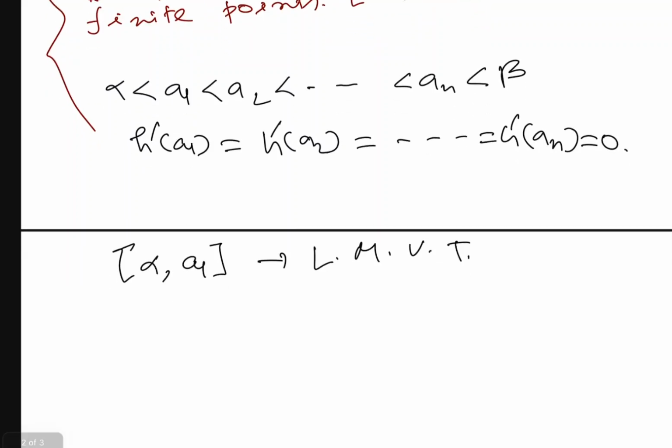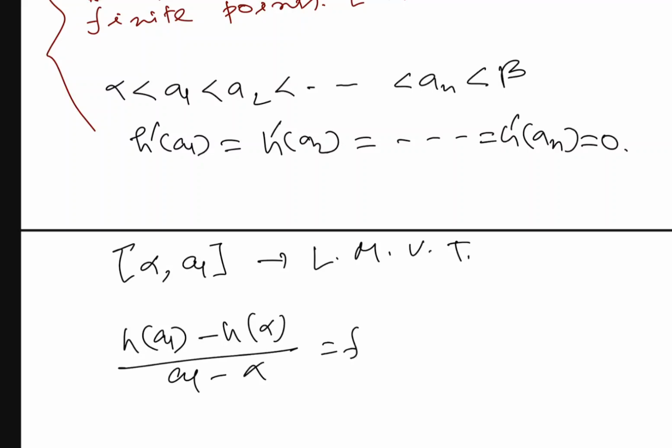Then we can write h of a1 minus h of alpha by a1 minus alpha equals h dash xi, where xi is a point between a1 and alpha. And as we already considered, the only points where h dash x equals 0 are these points, a1, a2, an.